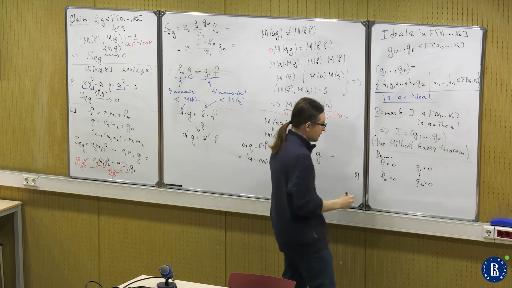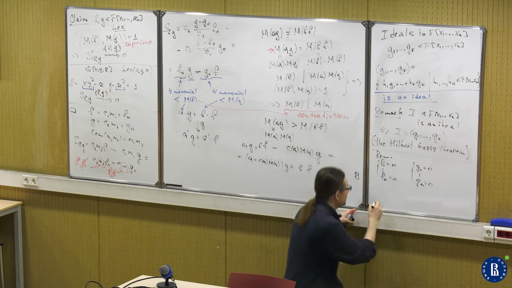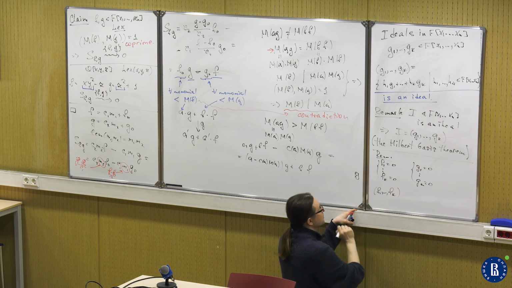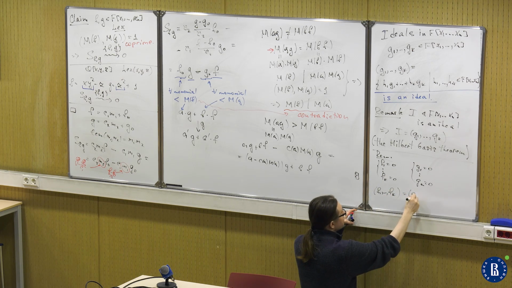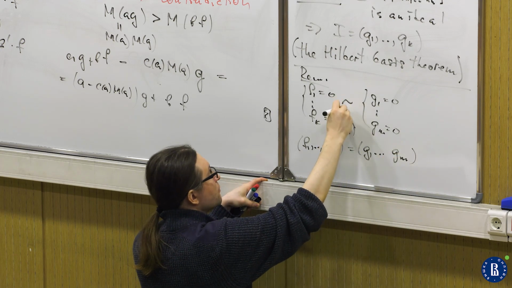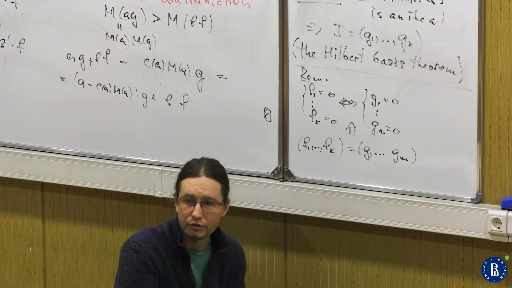Then, if the ideal generated by these polynomials is equal to the ideal generated by these polynomials, then these two systems are equivalent. In a sense, they have the same set of solutions.